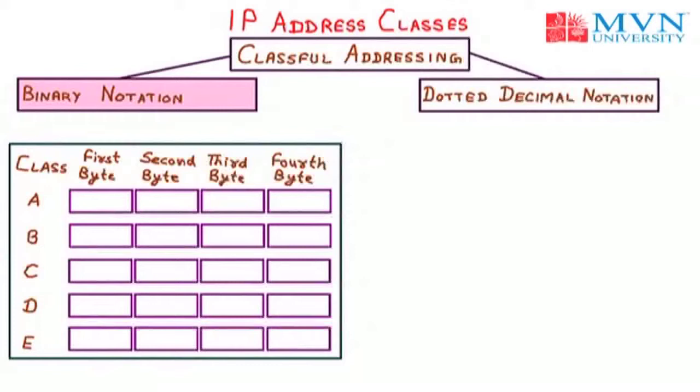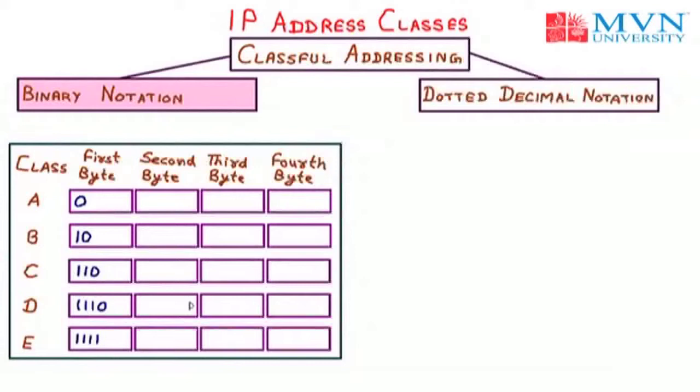Whenever the first byte of an IP address starts with 0, that is an IP of class A. If the binary IP starts with 10, that represents class B. If it starts with 110, then it is of class C. If the IP is of class D, it must start with 1110. And if the IP address is of class E, it will start with four 1s. So these are the binary representations of IP address classes.